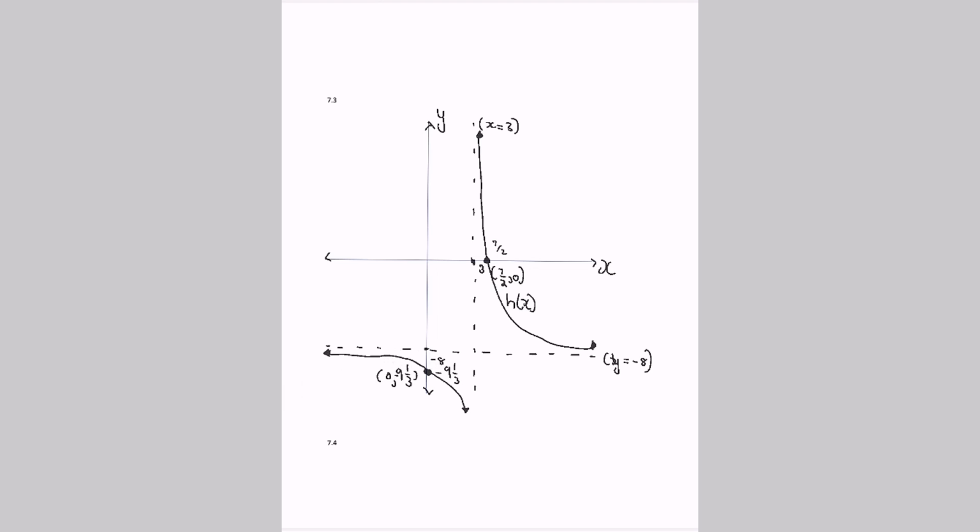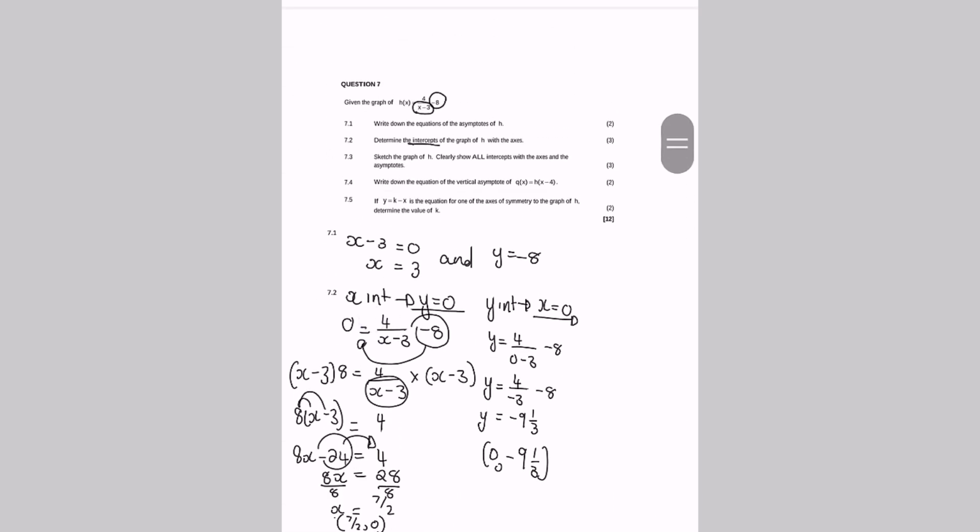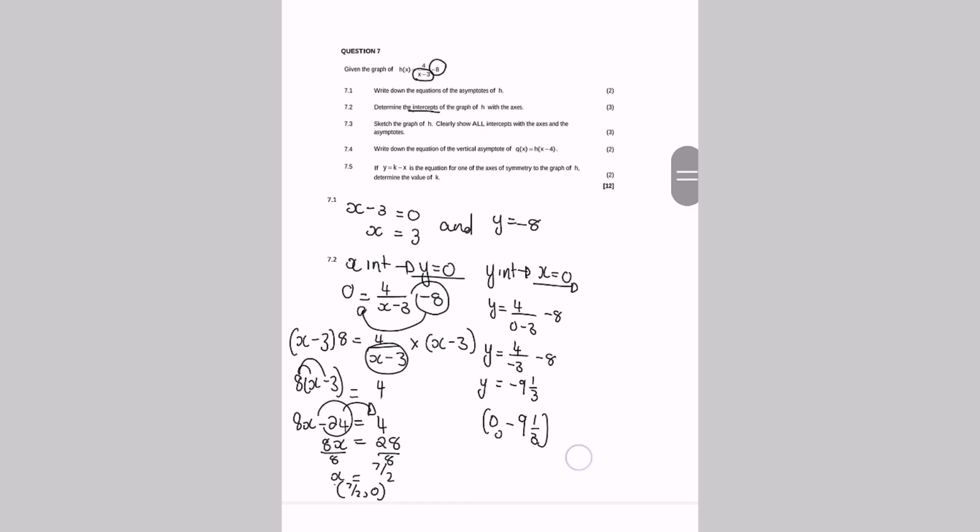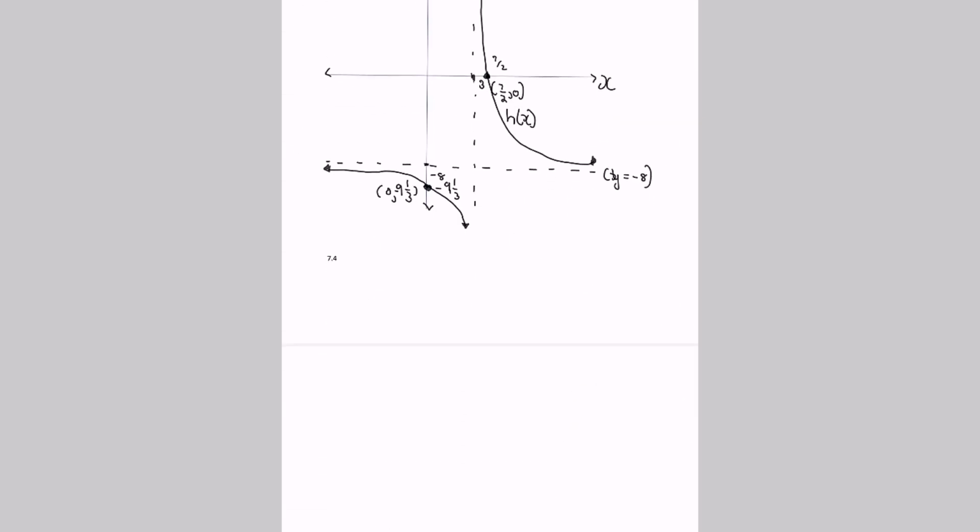Okay, then next we'll be moving to 7.4. 7.4 says write down the equation of the vertical asymptote of q(x) equals h(x) minus 4. The first thing we're going to do is write down the equation of the original h(x).